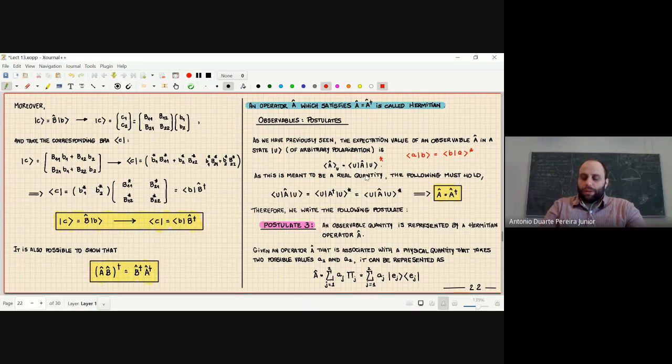So I can write this scalar product as the bra U acting on A U, right? I'm just looking at this particular order of operations. First, I multiply the ket by the matrix, and then the result of this, which will be a ket, I take the scalar product with U.